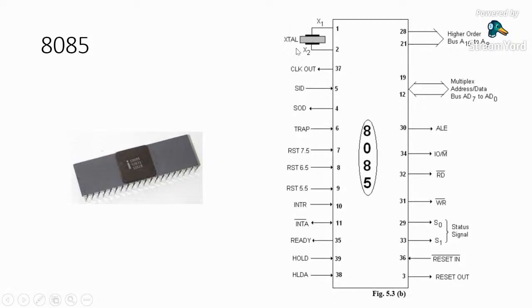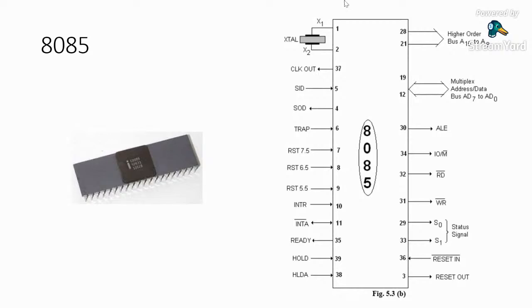We call it an oscillator because it has the function to oscillate, and we use the crystal together with several inductors and capacitors. The goal is to do the oscillation, generate the pulse, so then the 8085 is able to work.